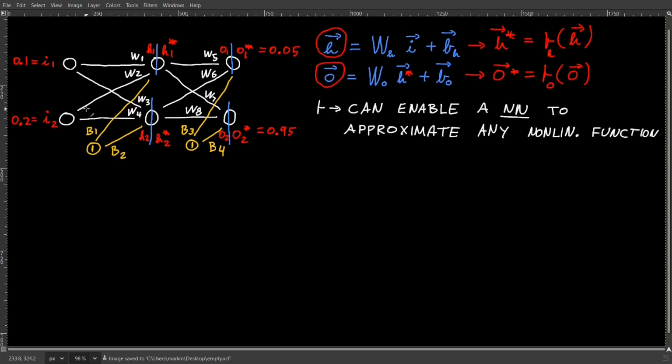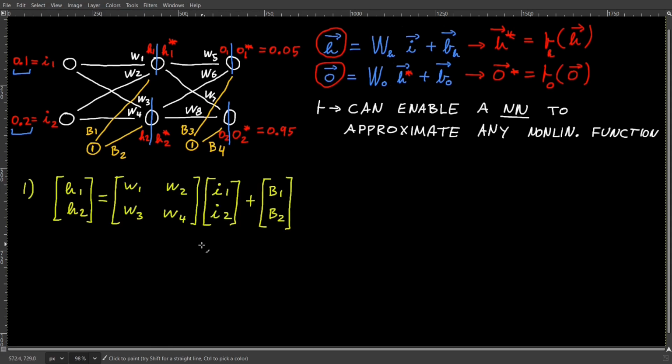It means that if our inputs are 0.1 and 0.2, then the path to computing the outputs would be as follows. The first step would be calculation of h1 and h2. Once we have them, we have to calculate h1 asterisk and h2 asterisk, and we're going to do that by applying the sigmoid activation function to h1 and h2.